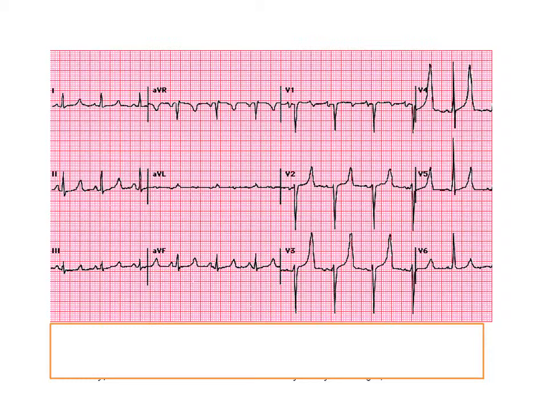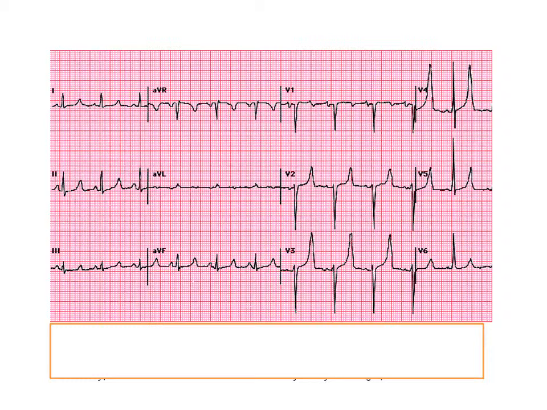Now notice that these are a little dramatic. You won't necessarily have T waves this huge always, but know that a T wave is not very big normally. It's a little bit bigger than the P wave, but not by much. So if it's a lot bigger than the P wave, and especially if it has a tent shape to it, you've got to think that's a really big peaked T wave.